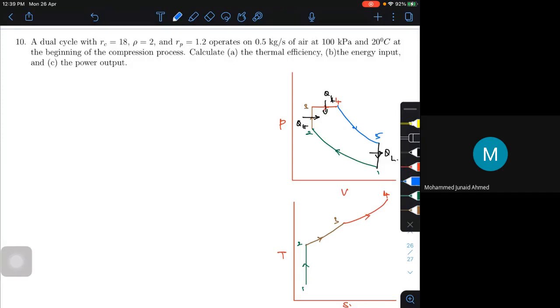Then 4 to 5 is the isentropic expansion process. The last one is the constant volume heat rejection process. So your heat addition takes place at constant volume and constant pressure, and heat rejection takes place only at constant volume.